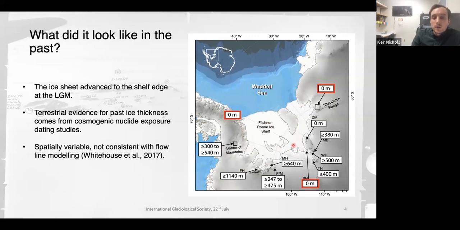And it's just glaciologically unlikely, especially this site here, the Schmidt Hills, this zero right here. Just upstream, you have these estimates of at least half a kilometer thicker, 20-ish thousand years ago. So it would have been very steep and difficult to reproduce with models. So we wanted to see if we could work out what was going on there.